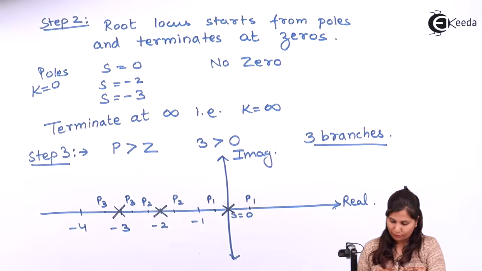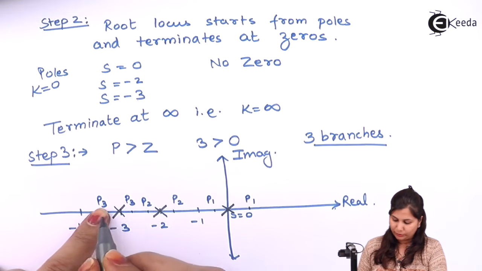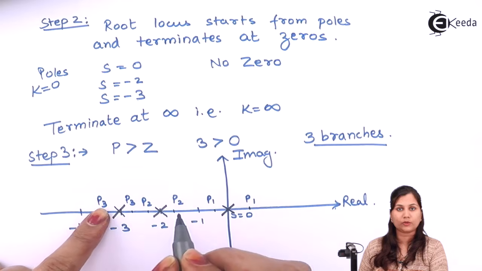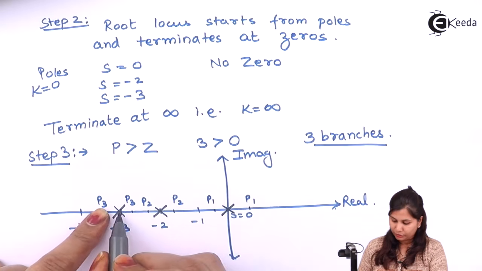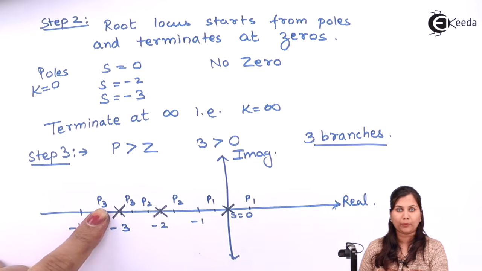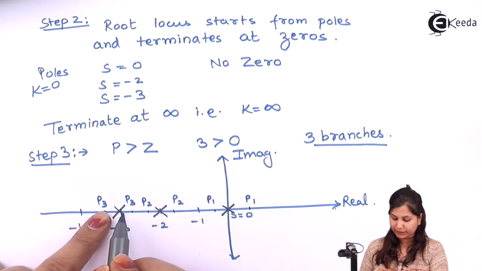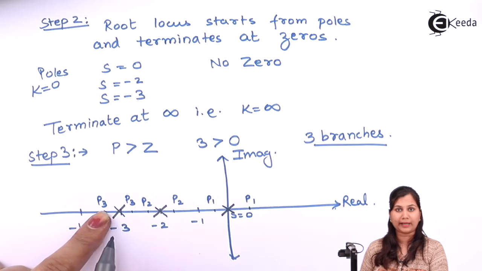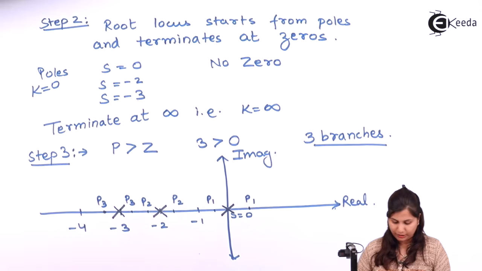If we start from this point, then calculate the number of poles and zeros on the right hand side of this point. We have 1, 2, 3, so 3 poles on the right hand side of this point. So the direction of the root locus for this pole, s equals -3, will be towards this point.